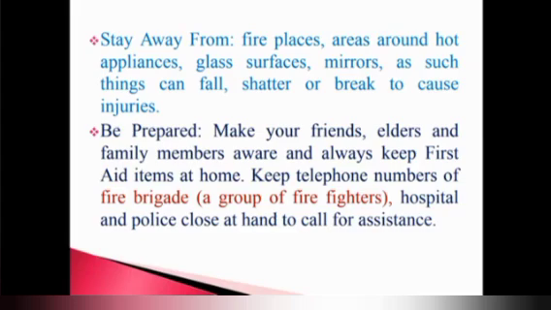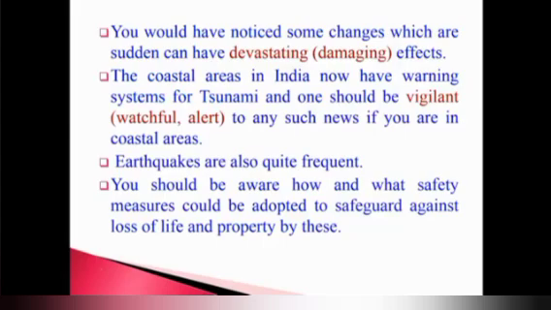Students, you would have noticed some changes which are sudden can have devastating effects. Here, devastating means damaging effects. The coastal areas in India now have warning systems for tsunami, and one should be vigilant.